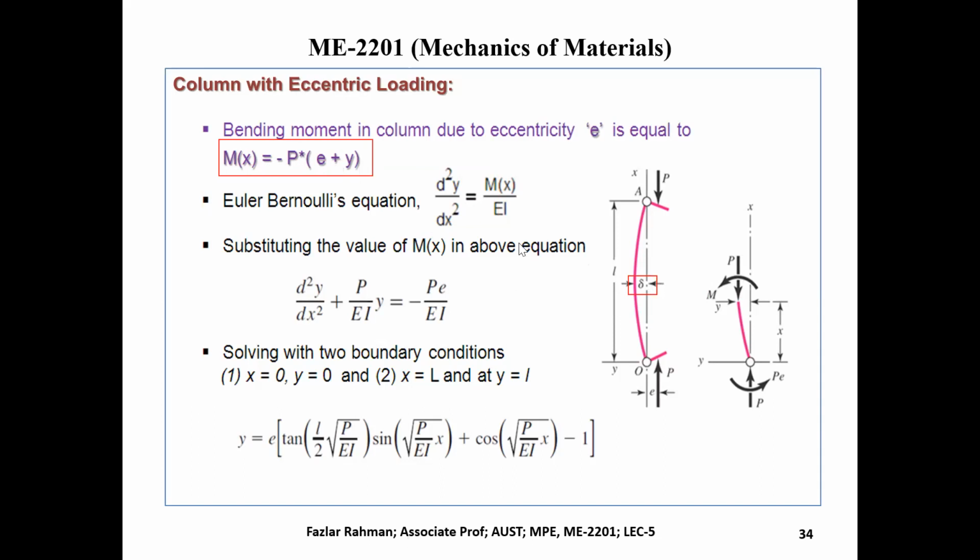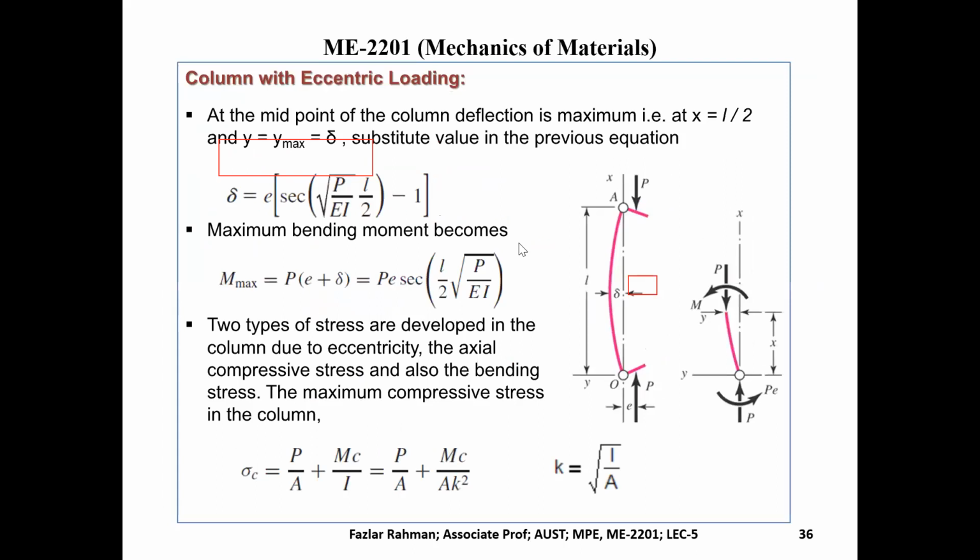Okay, so they are saying the maximum moment we are getting here is P into (e plus delta). Now, the delta value we already got over here, right? Is it possible to figure out the value of delta from this top equation? We can figure out this value.